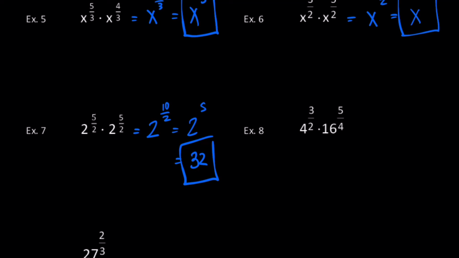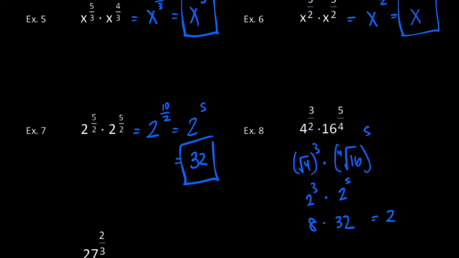So 4 to the 3 halves is the square root of 4 cubed, times 16 to the 5 fourths is the 4th root of 16 to the 5th power. So the square root of 4 is 2, and then I'll do 2 cubed, and that's 8. The 4th root of 16 is 2, and then 2 to the 5th is 32. All right, 8 times 32 is 256.